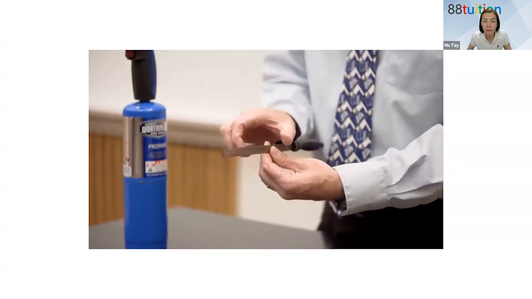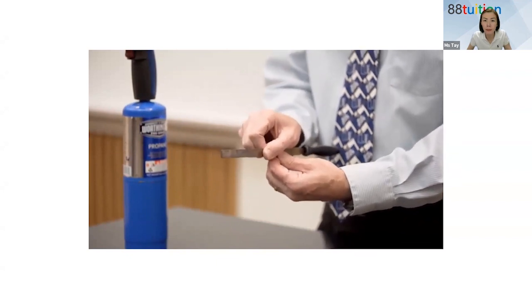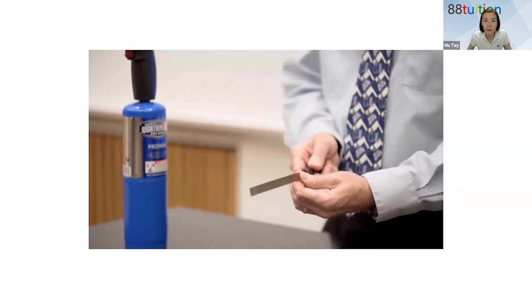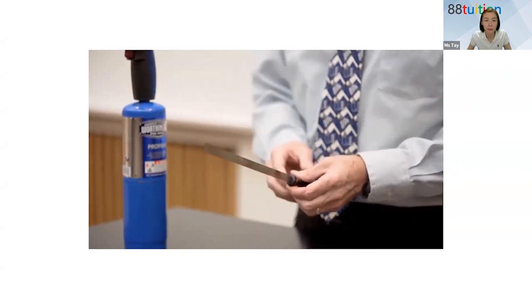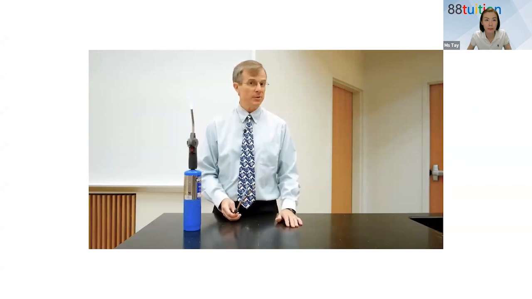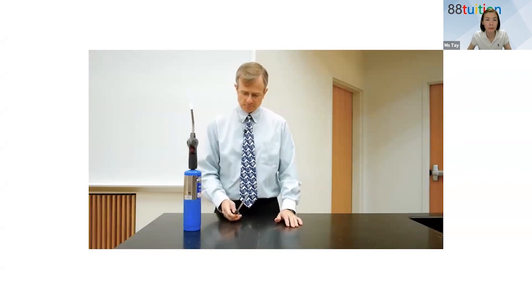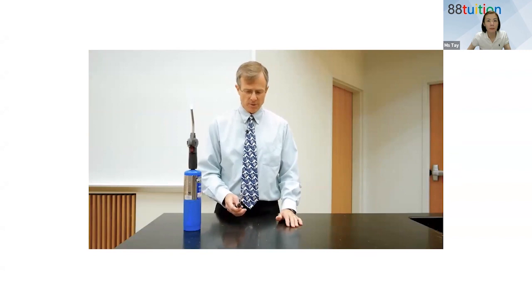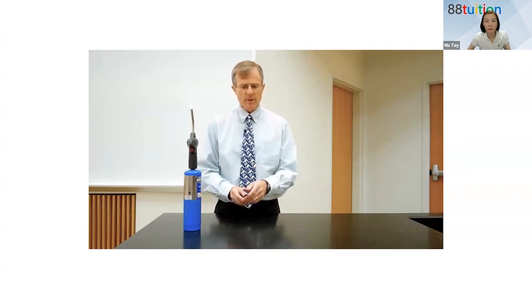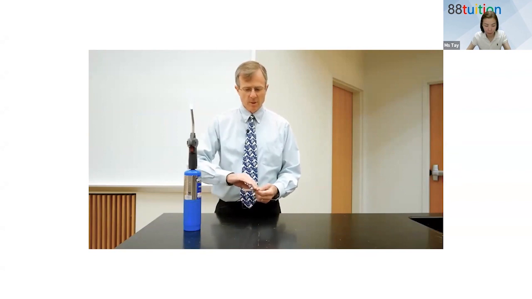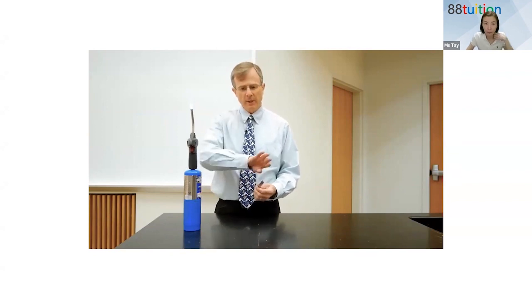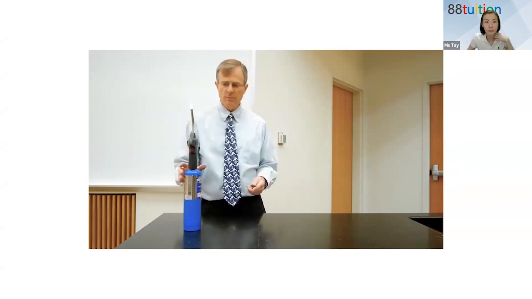These two pieces of metal are adhered to each other, and these kinds of strips are used for switches, thermostats, this sort of thing. When you heat the strip, given that the two metals have different thermal expansion coefficients, one will expand more than the other, and the strip will curve.